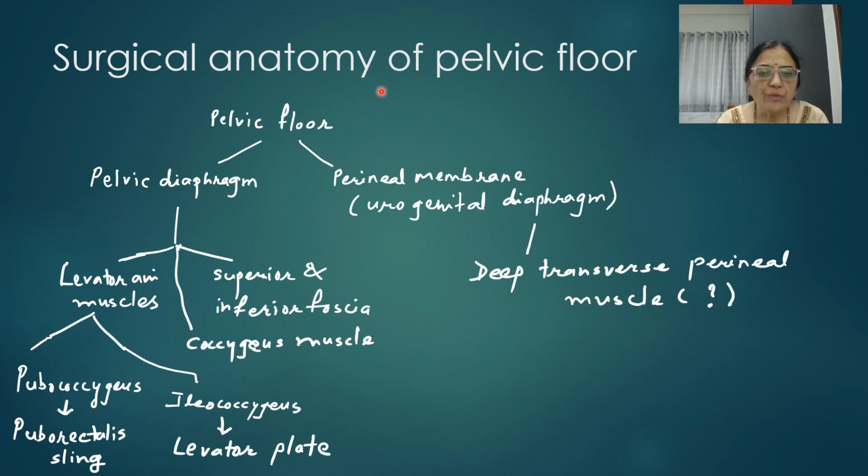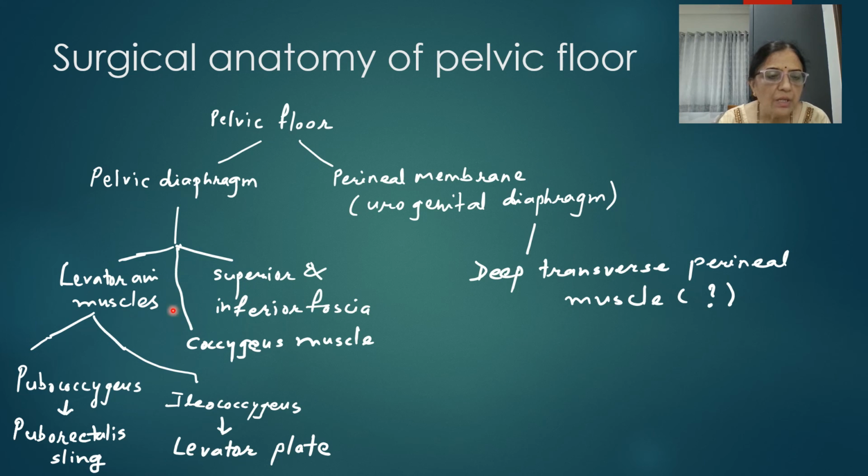Surgical anatomy of the pelvic floor at a glance. We use the term pelvic floor many times, but what exactly is it? It is formed by two structures, the pelvic diaphragm and the perineal membrane, whose older name is urogenital diaphragm. These two together form the pelvic floor. The pelvic diaphragm is formed by levator muscles and coccygeus muscle, covered by superior and inferior fascia.